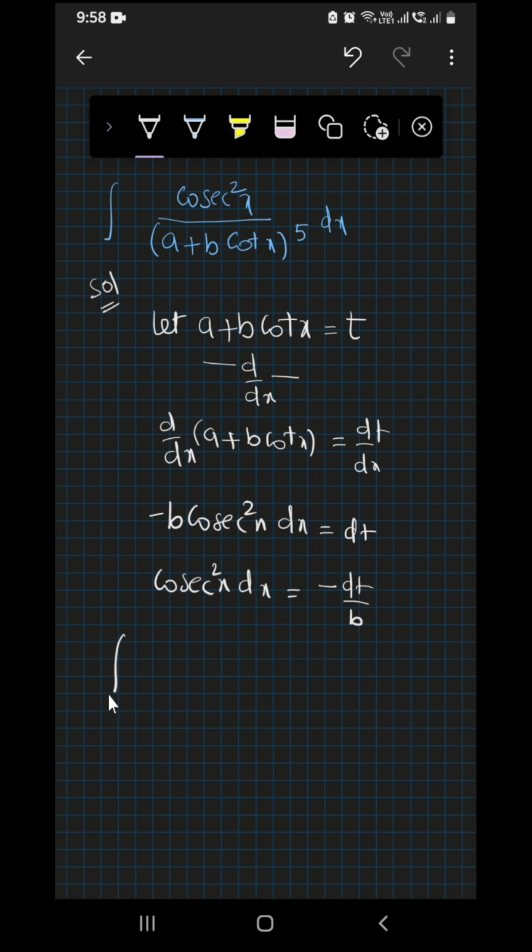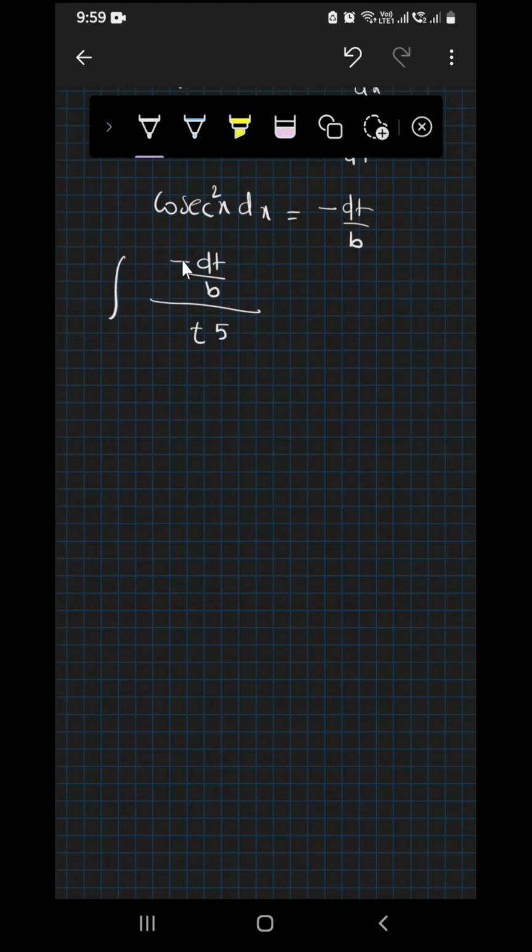We get integration of minus dt by b divided by (a plus b cot x, which is t) power 5. Now take the minus 1 by b outside. We get minus 1 by b integration of dt by t power 5, that is 1 by t power 5 dt. We can write it as minus 1 by b integration of t power minus 5 dt.